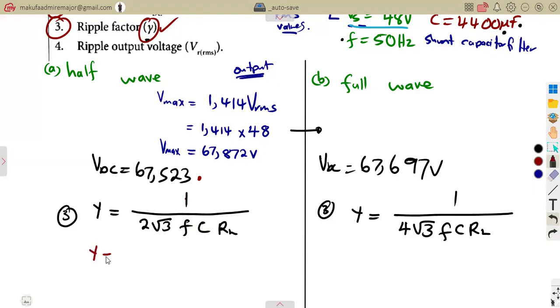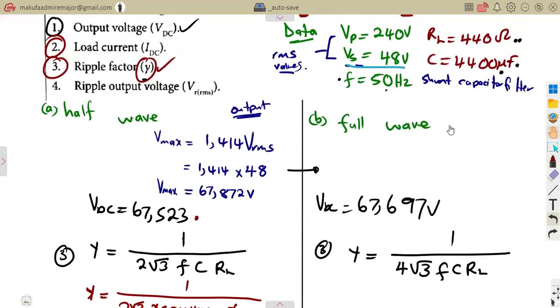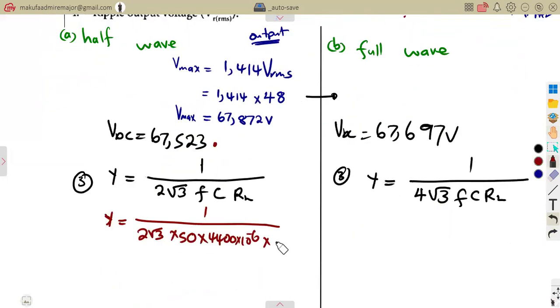Okay, so we can calculate our ripple factor in that case. Using gamma in that case is going to be 1 over 2 square root of 3. The frequency, everything is there. The frequency is 50. The capacitance, remember, 4,400 times 10 to the exponent of -6 times our load resistance, which is 440 ohms.